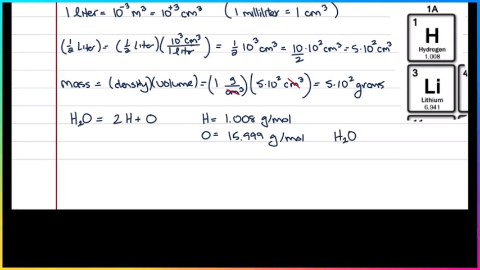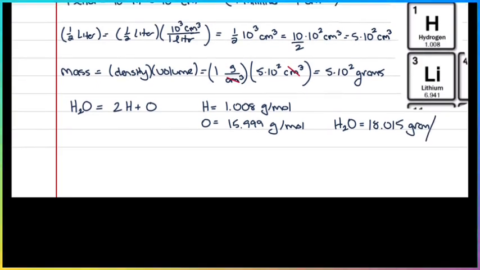But if we add those together, then we get what? It looks like it's 18.015 grams. And again, I'll be very explicit with the units: per mole of H2O. So 1 mole of H2O molecules has a mass of 18.015 grams.